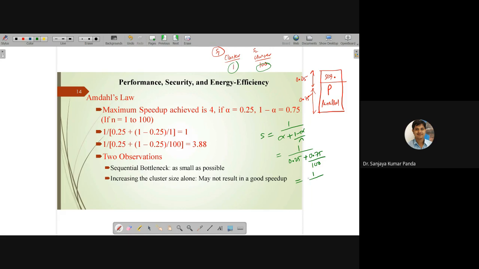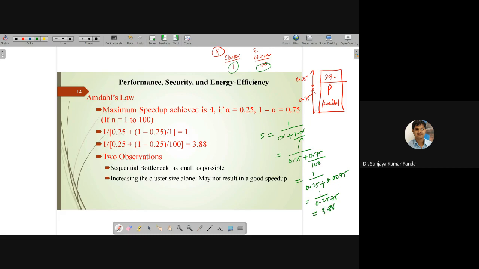So what you have to do is 0.25 plus 0.75 divided by 100, which is 0.0075. You add 0.25 to that, so it is 1 by 0.2575. If you divide it, you get 3.88.